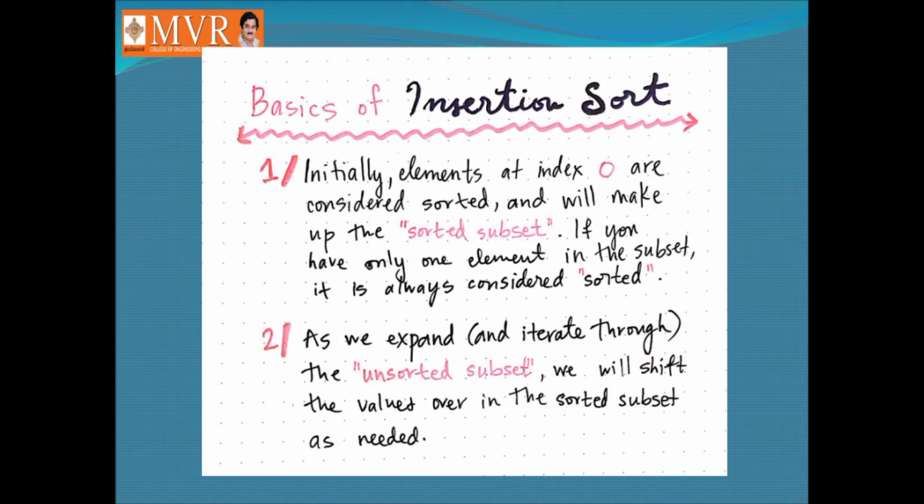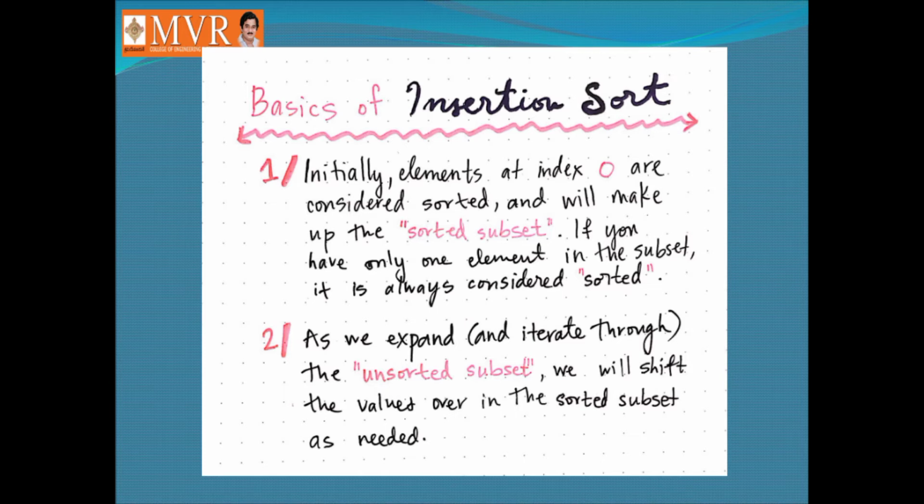If only one element is in the list, then we say that it is a sorted list. No need to compare and sort because there is only one element. If the unsorted list contains more than one element, then assume the element at the 0th location is sorted, and then start the process.